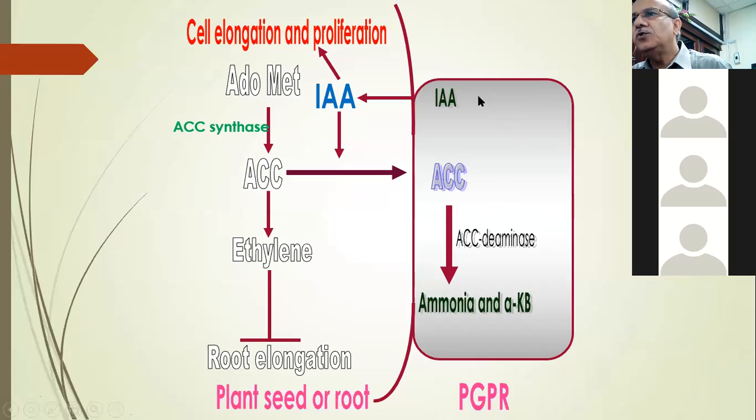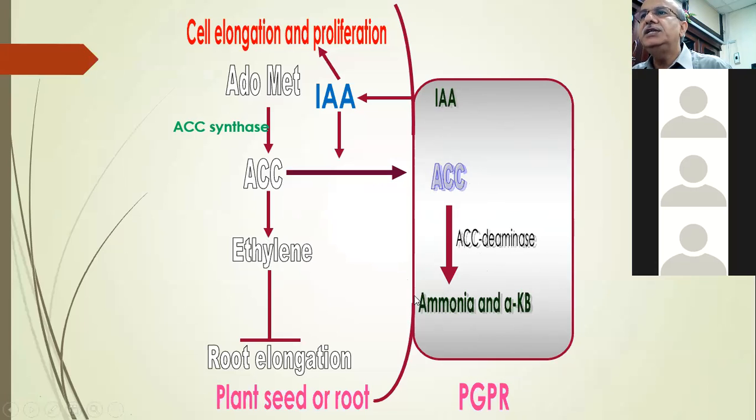And outside the root, there is a bacteria, PGPR, which has this enzyme ACC deaminase. So when this ACC goes out, this bacteria converts this ACC into ammonia and alpha ketobutyrate. Had this ACC not come out, it would have been converted into ethylene.